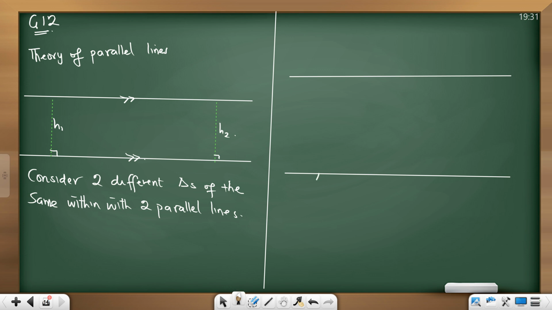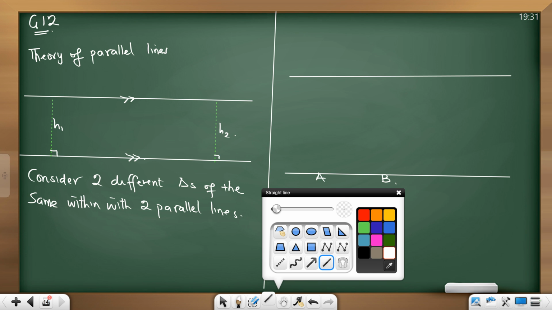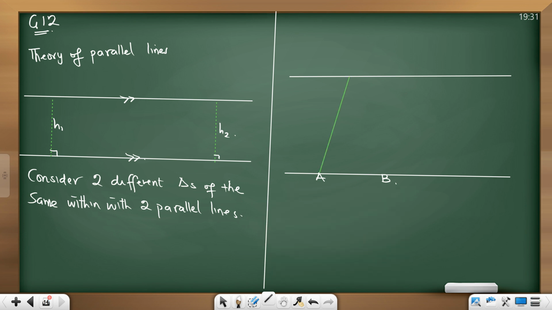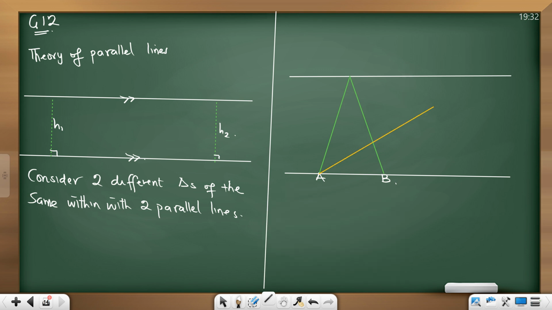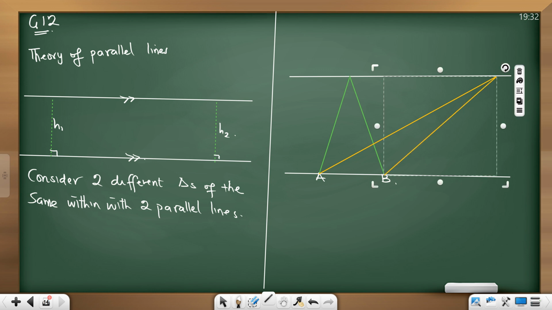Now, guys, let's look at, I want to have the same base, AB. I'm going to construct a triangle. Let's call it a green triangle. And I'm going to construct a yellow one, but they'll be very different. Those are different triangles.